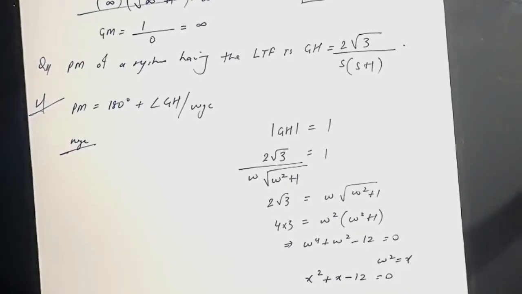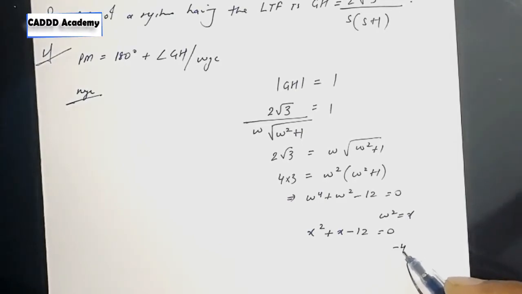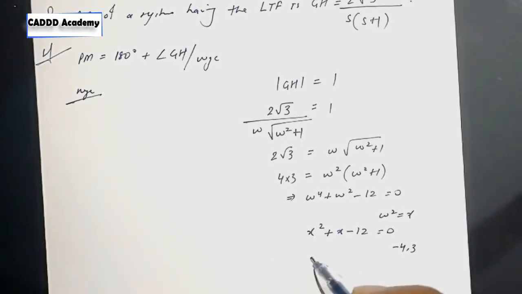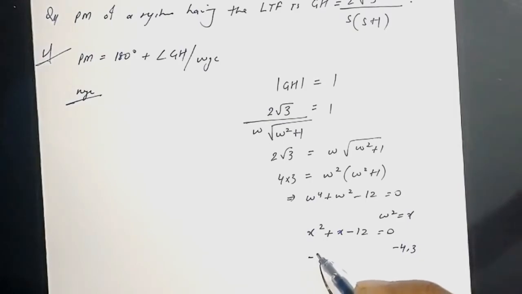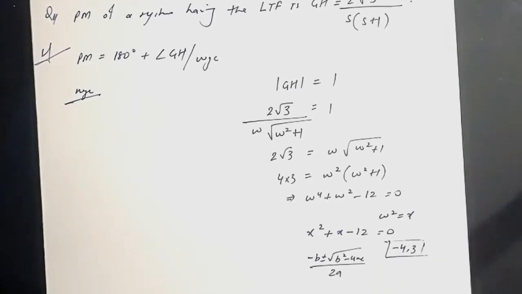Now we will get the roots of this equation, and that will be minus 4 and 3. You can calculate by using the formula minus b plus minus root of b square minus 4ac divided by 2a, or simply by using the factorization method you will get the roots as this one.